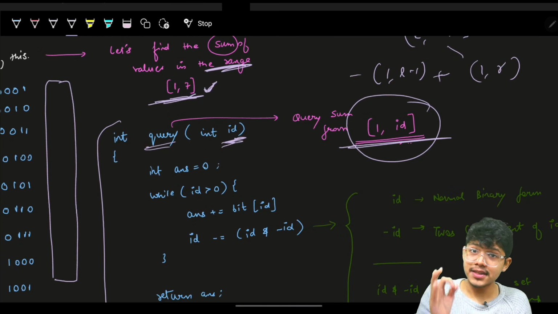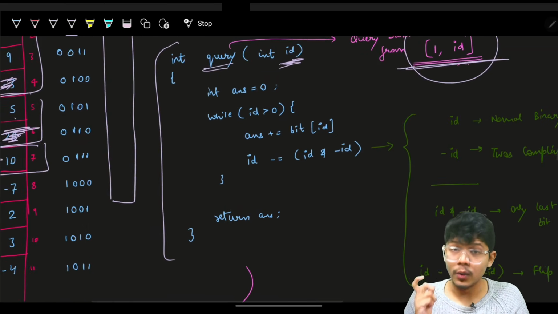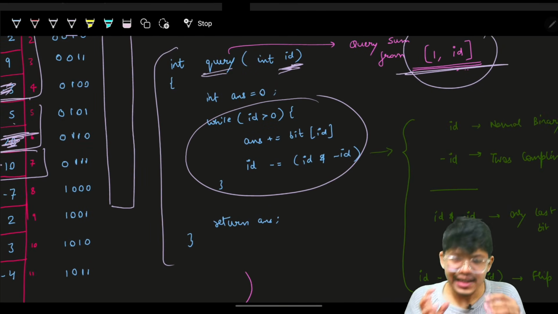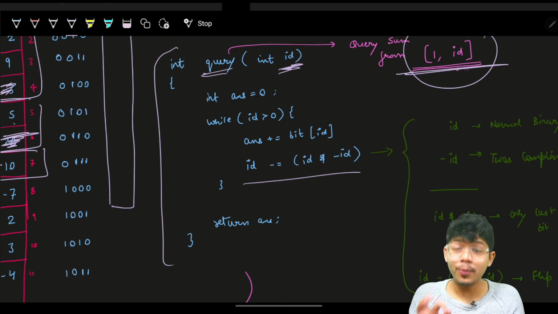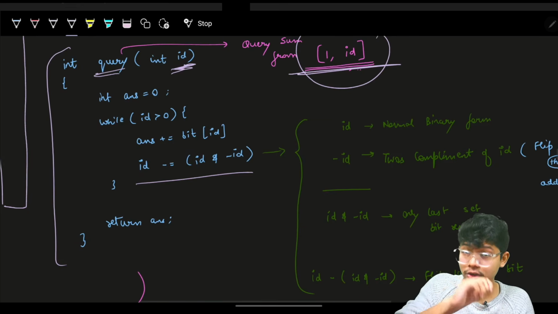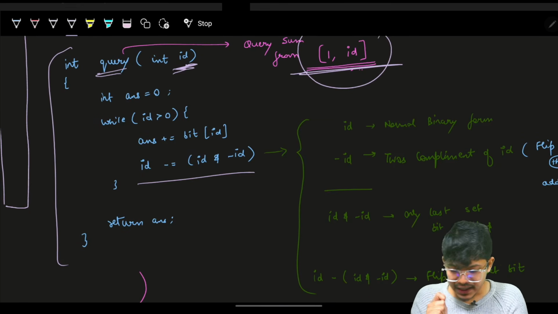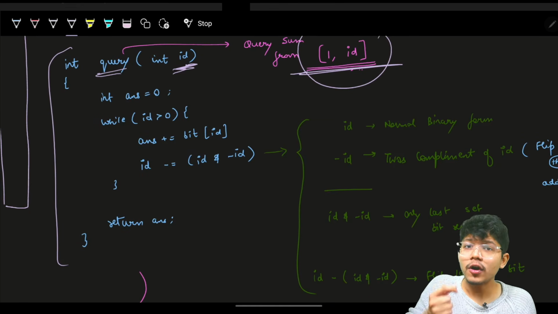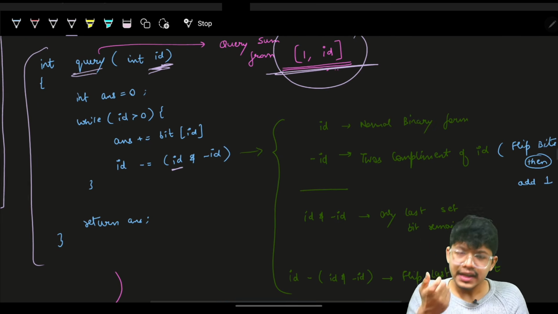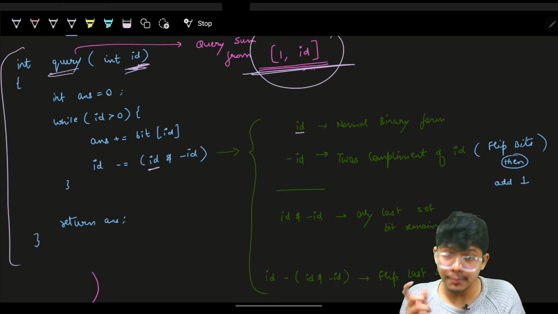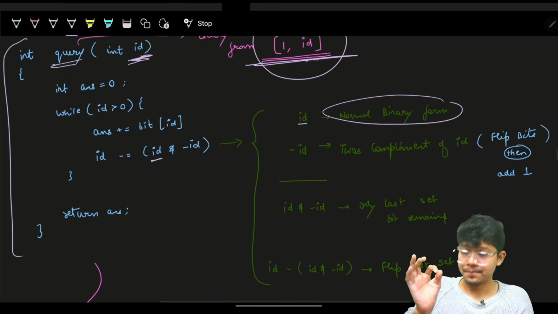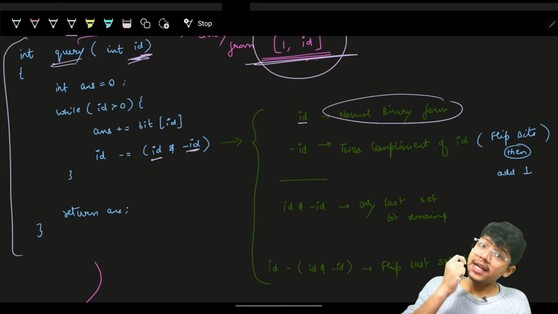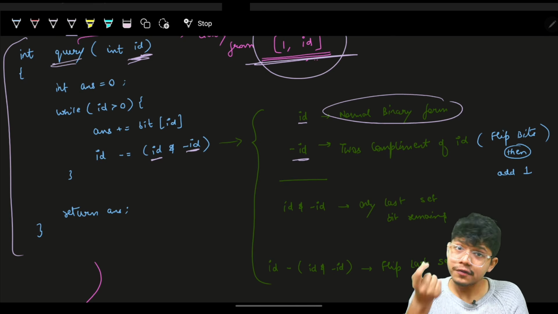I'll find the range sum from 1 to ID. How will I do that? I will use this kind of formula. Again, it's the shortest possible formula written. I will expand it and tell you, but for you to understand, please understand some basic bit manipulation. ID is simply a number, an integer, but to explain that, I will convert it to binary form. Minus ID is the negative integer of the same ID.